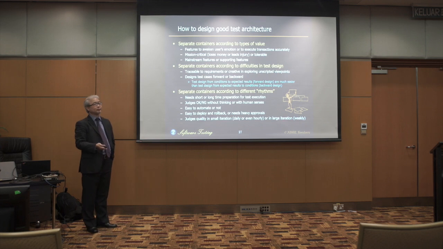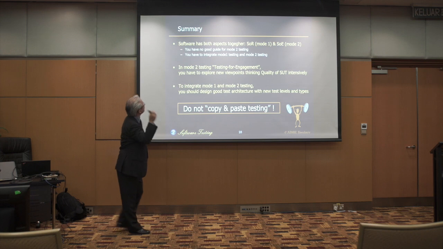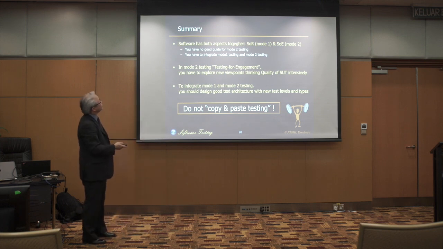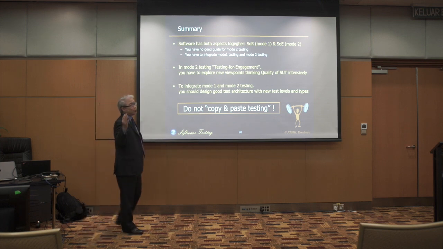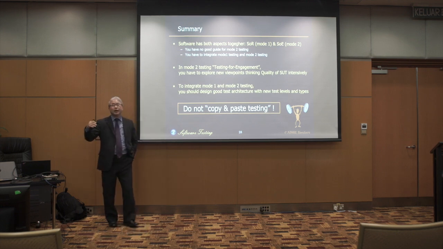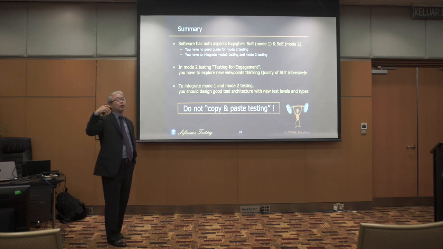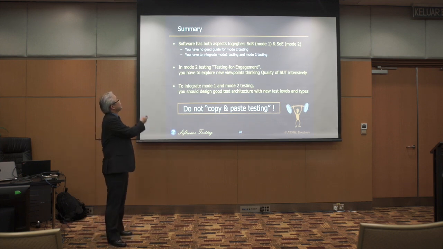Okay. So if you want to develop software in the IoT or AI age, you have to understand that software has both aspects together: system of record, mode 1, and system of engagement.